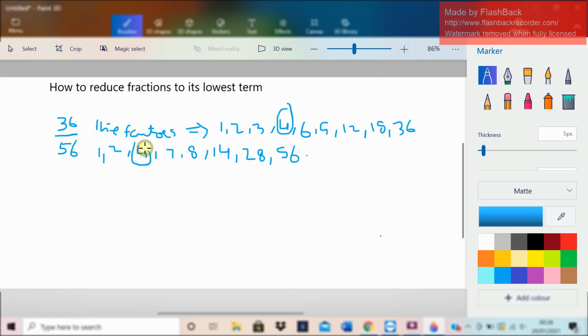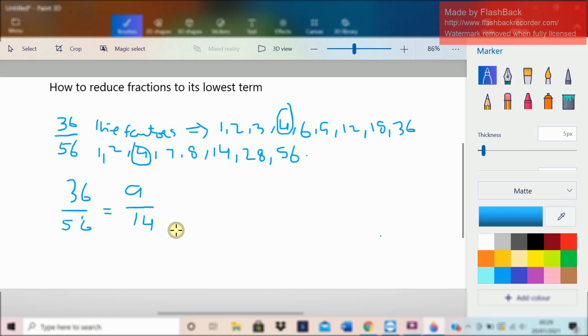We see 4 here, and we also see 4 here. So 4 times 9 is 36, and 4 times 14 is 56.